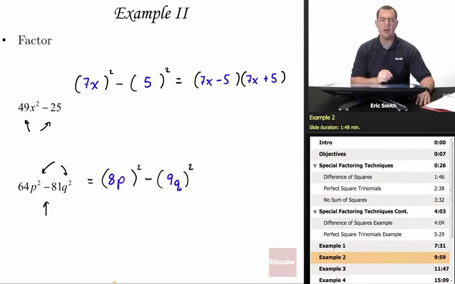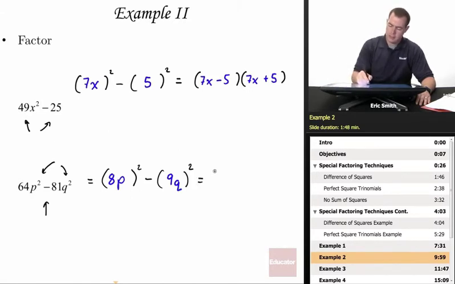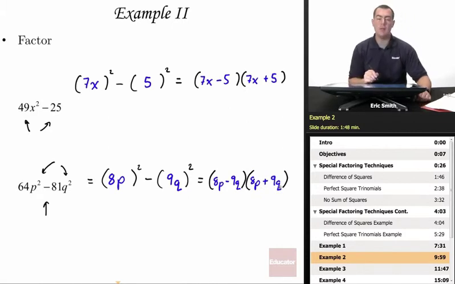So 9 times 9 will give us 81, and q squared will give us that q squared. Okay. Now we have both of our pieces, and we can use our shortcut. So 8p minus 9q, 8p plus 9q. And then that one is factored completely.